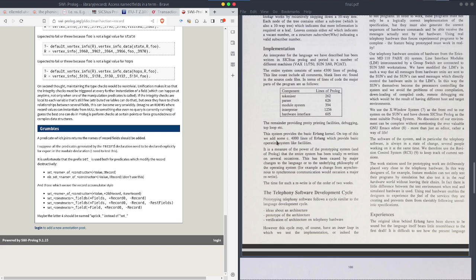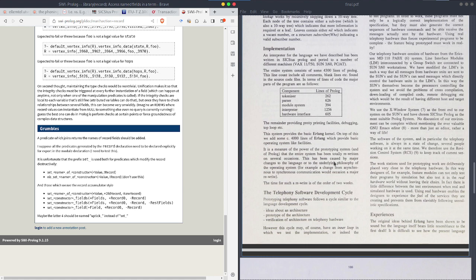On top of this, we had some 4,000 lines of Erlang, which provide basic operating system facilities. It is a measure of the power of the production system and of Prolog that the entire system has been totally rewritten on several occasions.